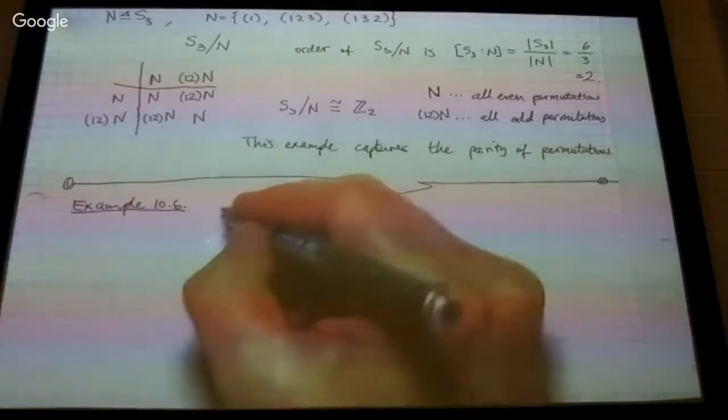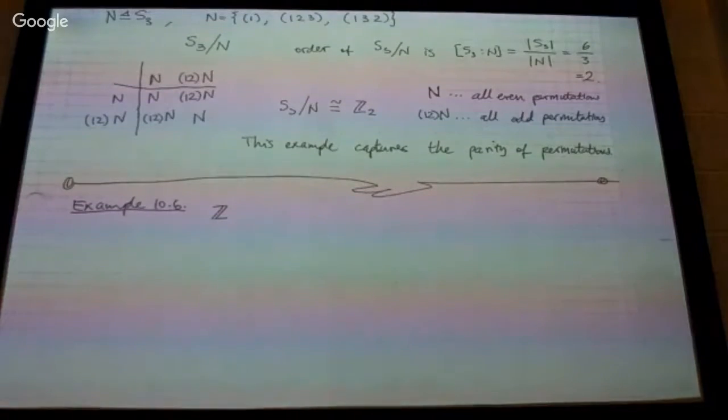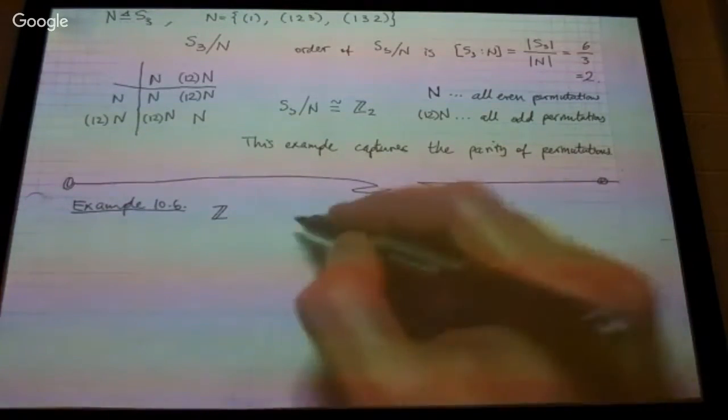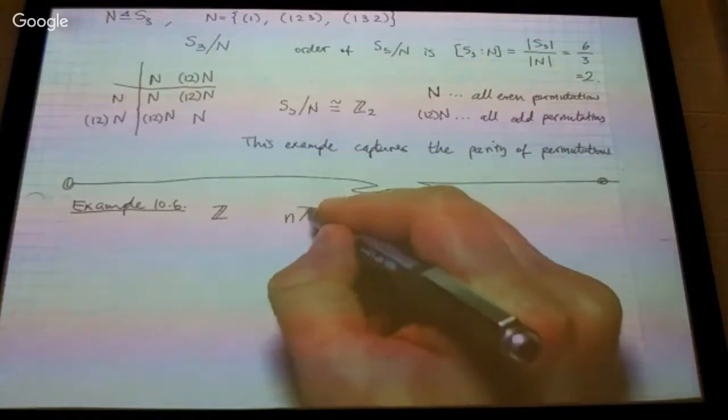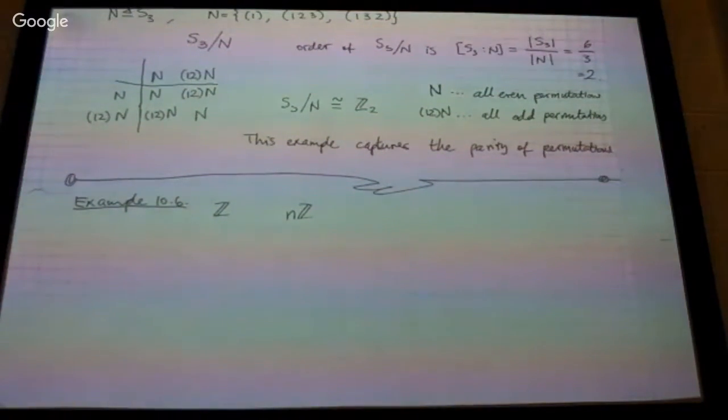Okay, so let's take the group Z with addition. Is that abelian? Yes, addition of integers is abelian. And nZ, where n is any integer, so think 3.